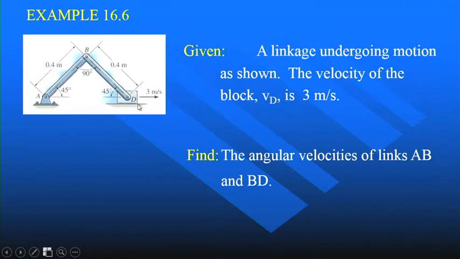In this mechanism, crank AB is doing rotation about the fixed axis A. And BD is in planar motion, general planar motion.